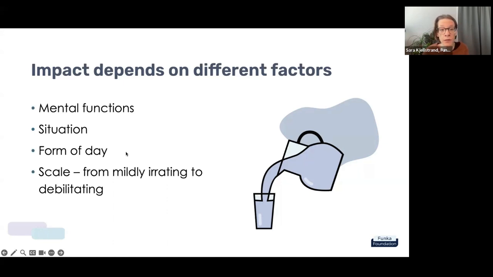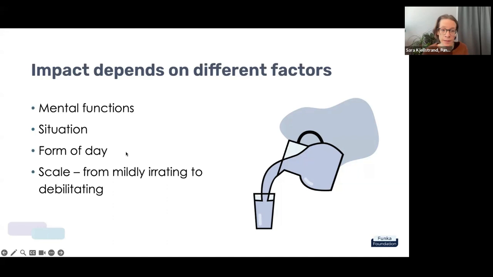And then it's very individual. It depends on the different mental functions. Some people are good at memory and have more difficulties with concentration. Other people are good at concentration, but have difficulties with communication. So that means that the impact of stress is always higher on the type of mental functions where you already need to do a bit more work to get through.